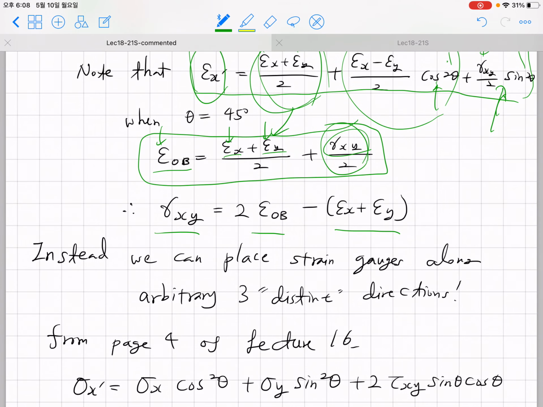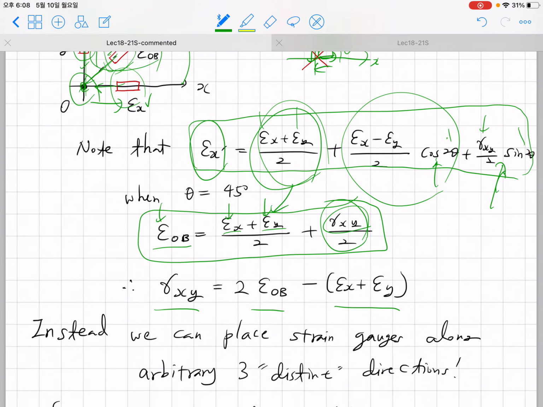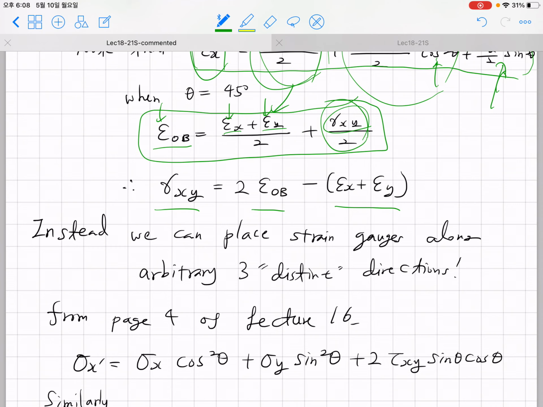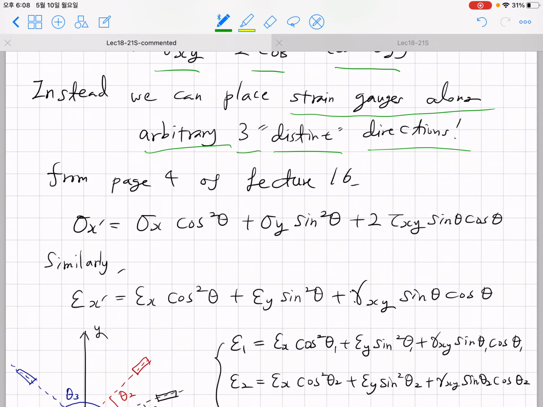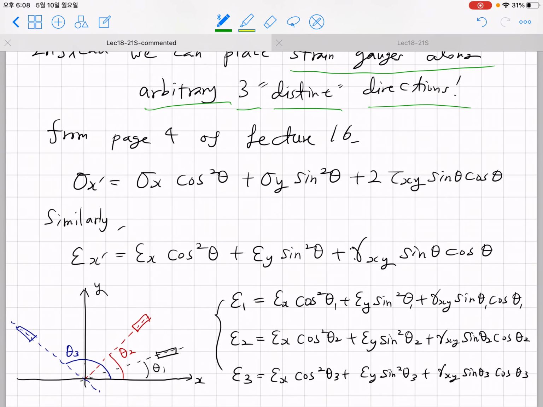Instead of using 45 degrees, you can place strain gauges along 3 arbitrary distinct directions. Then, based on linear algebra, you can obtain the shear strain. From the previous lecture note, maybe this page can be wrong.